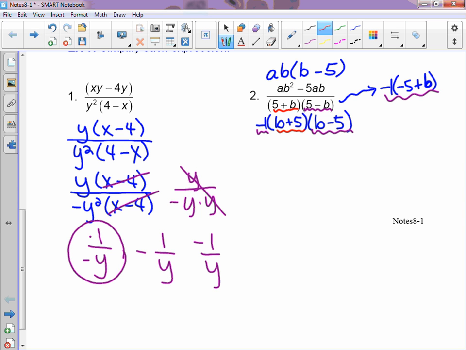Okay. So now it looks like all that factors out is b minus 5. All of that and only the b minus 5 factors. So the negative 5 plus b is the same thing as b minus 5. Okay, so what's left? That's our answer.